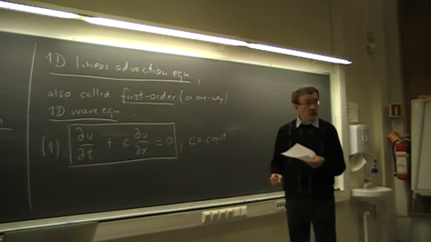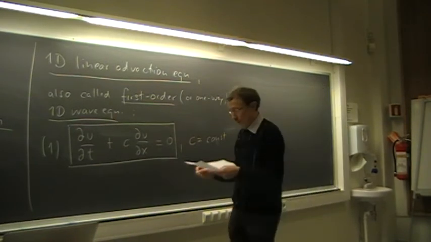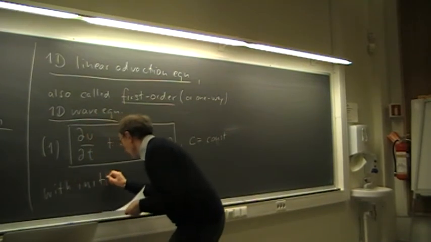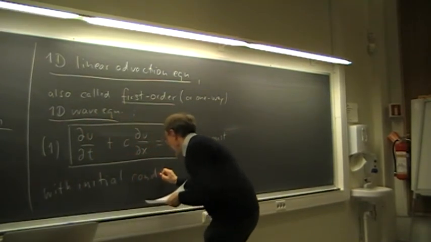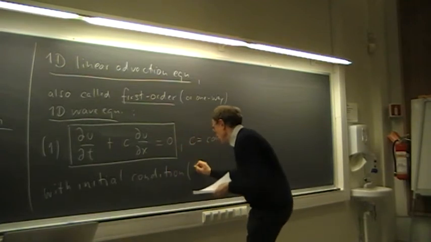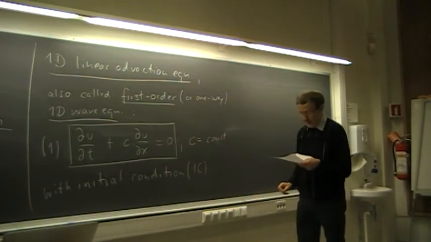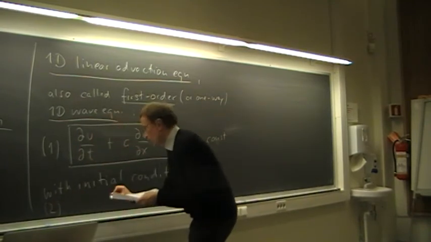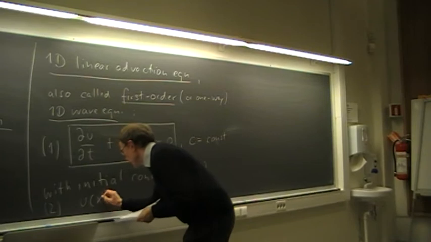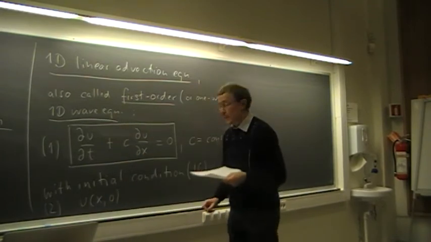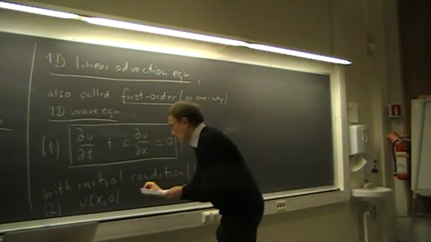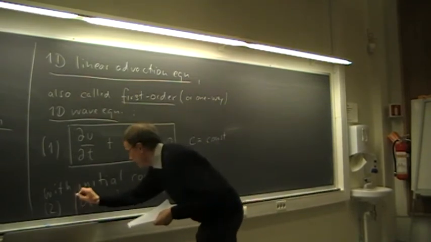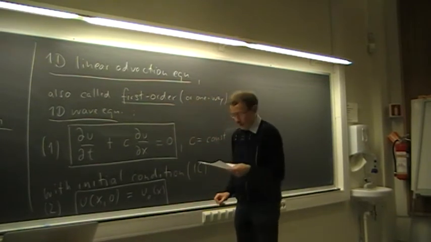And we have that with an initial condition. Later on, as usual, I'll abbreviate that with IC. So we assume that we have a solution given at the time t equals 0, and that it can be noted by u0 of x. So that is our initial condition.